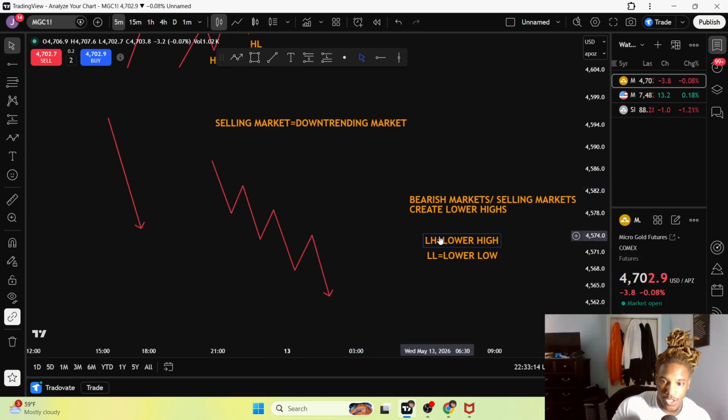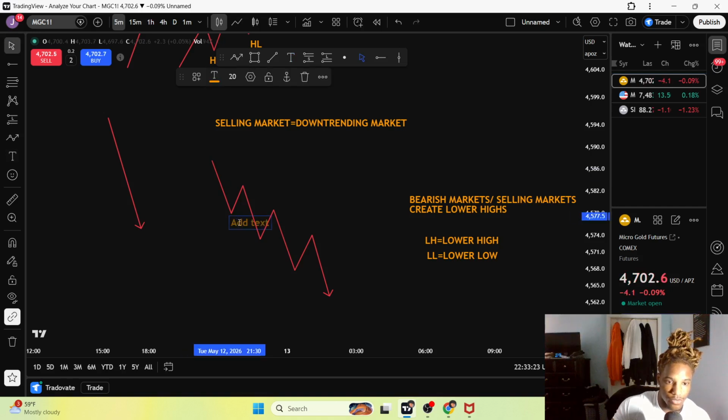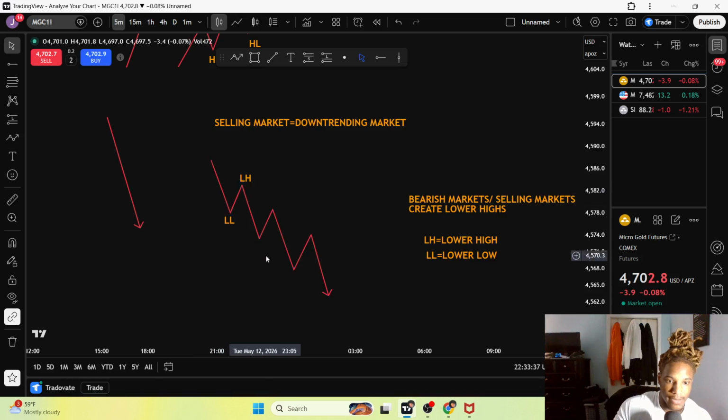All right. So back to the diagram, right? Came down, point of origin, low. LL, right? Lower low. Came up. What is this? A lower high. Cool. Came down again. What is this? A lower low.